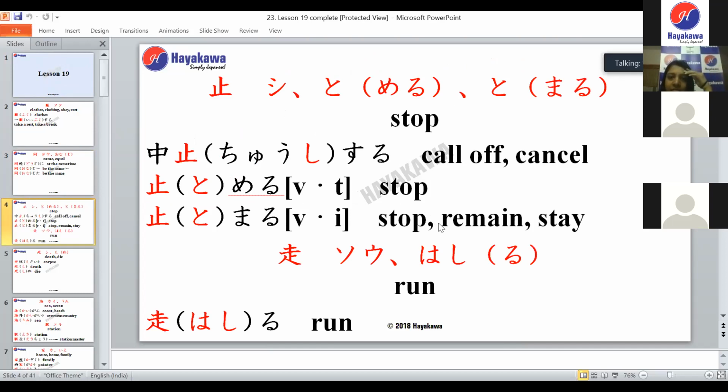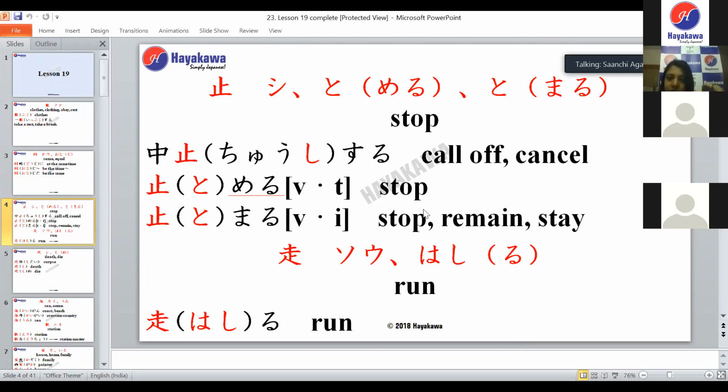For example, you have the verb shi, suru, that is to call off or cancel. And then you have the two verbs tomeru and tomaru, which mean to stop. Tomeru is a transitive verb and tomaru is the intransitive verb. Both of them mean stop. One is transitive, one is intransitive.